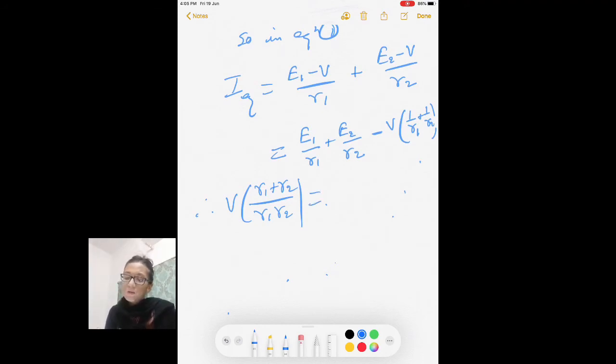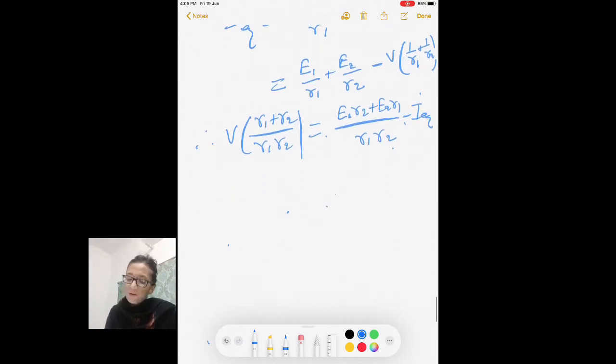So it becomes equal to E1 R2 plus E2 R1 upon R1 R2, minus I equivalent.